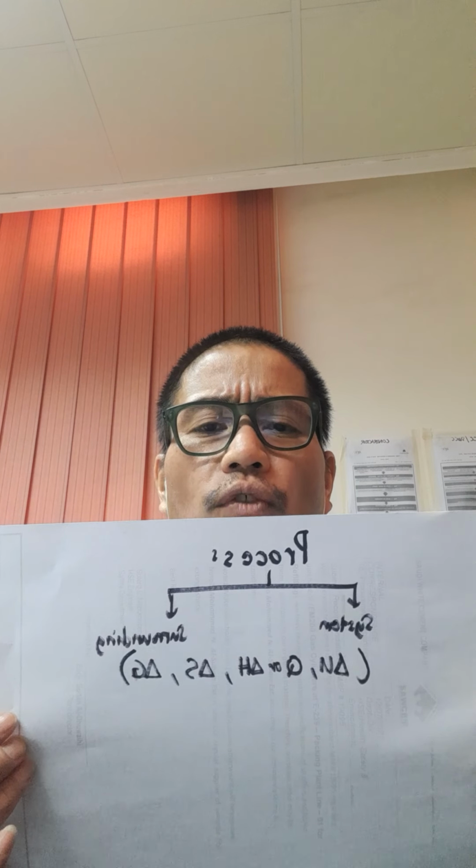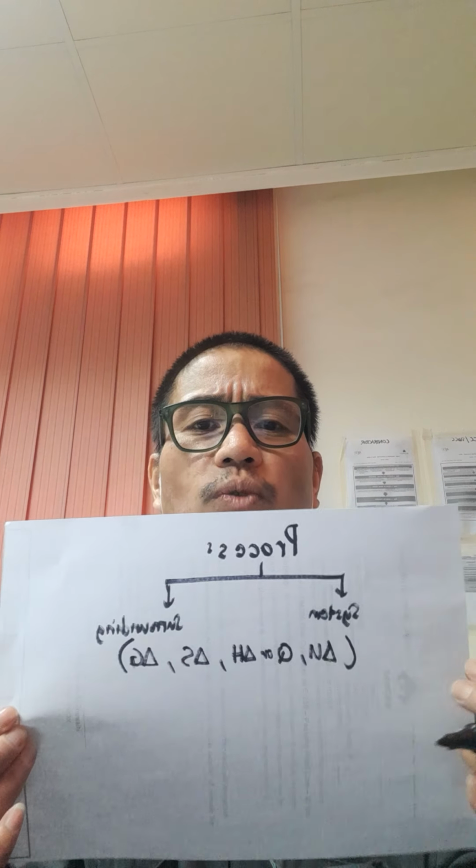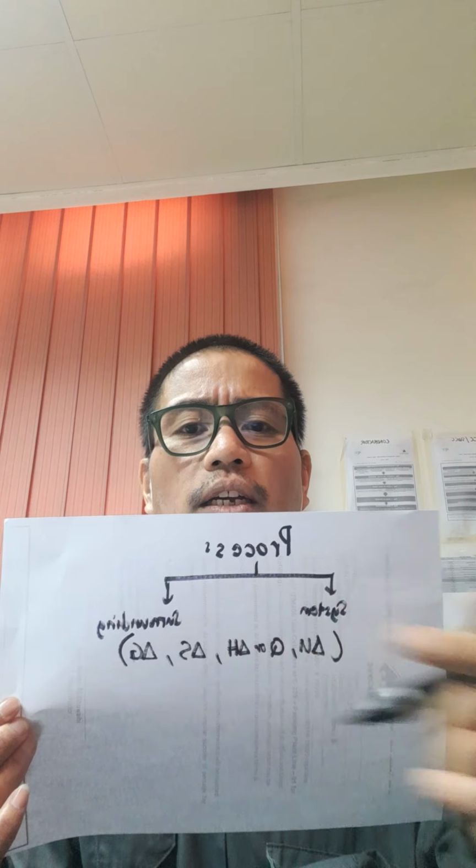Now guys, we need to know the different definitions for each quantity: delta U, change in internal energy, the heat or the enthalpy change, the entropy, and the Gibbs free energy, so that we can understand what's really going on in the process that is composed of the system and the surrounding.